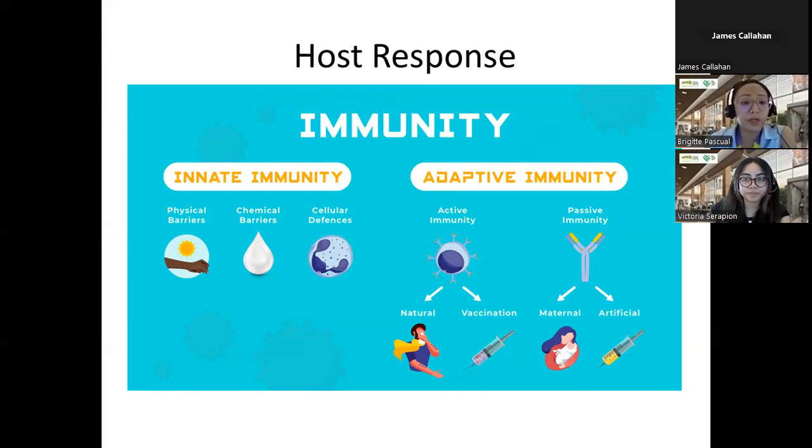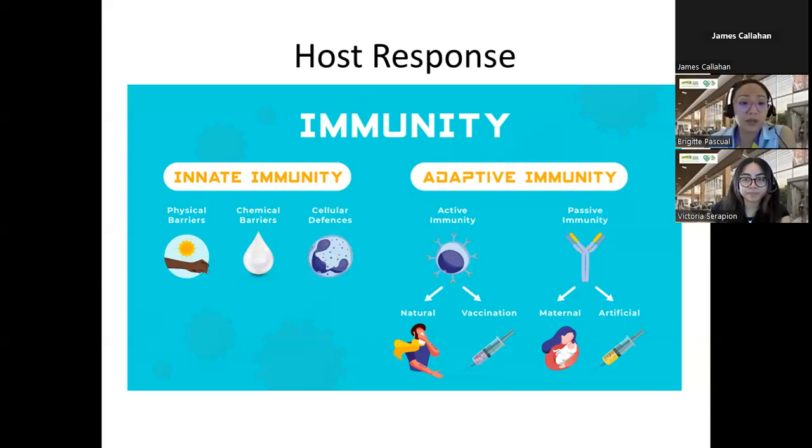Adaptive or humoral immunity is expressed by proteins known as antibodies, which are found primarily in your bloodstream and secretory fluids, and their important job is to stop the current infection and generate immunologic memory. Adaptive immunity includes active and passive immunity.